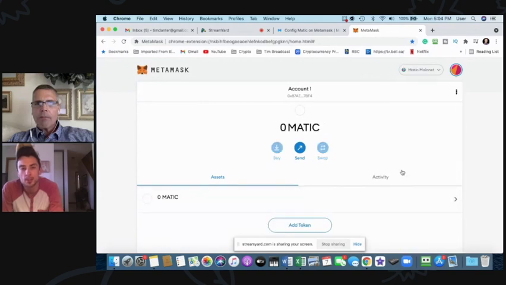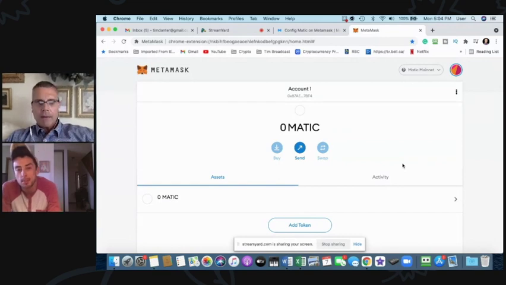As you can see, because you just started it, you have no Matic right now. So obviously you would do the same as your Ethereum side, add token, etc. We will post, just so you know, every contract, say for Aave as an example, Aave's contract address on the Ethereum side is different than the Matic side.